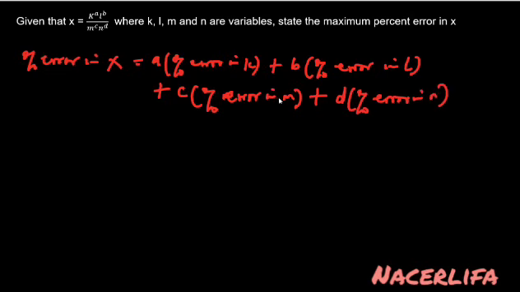So this is how to state the maximum percentage error in x. It's a combination of the errors in k, l, m, and n, since k, l, m, and n are variables. Assuming we know the values, we can go ahead to find the errors.